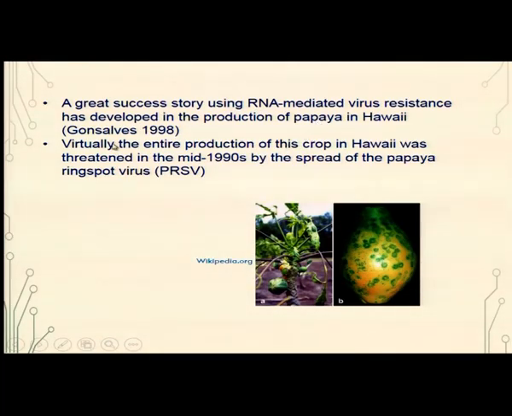A great success story in this regard is the RNA-mediated viral resistance developed in the production of papaya in Hawaii. Almost the entire population of cultivated papaya in Hawaii was threatened in the mid-1990s by the spread of a virus called the papaya ringspot virus.